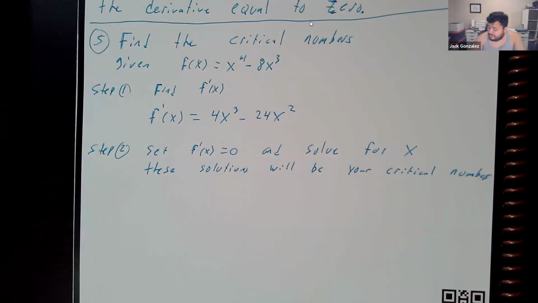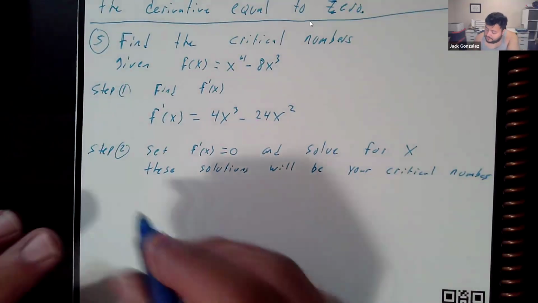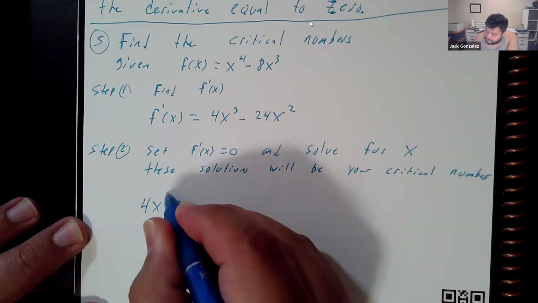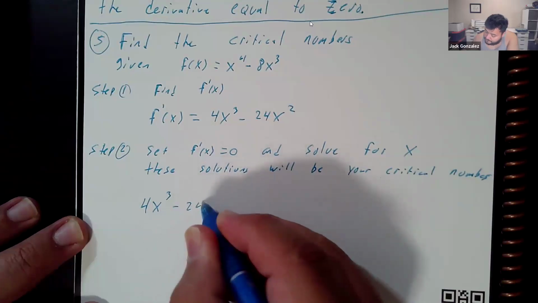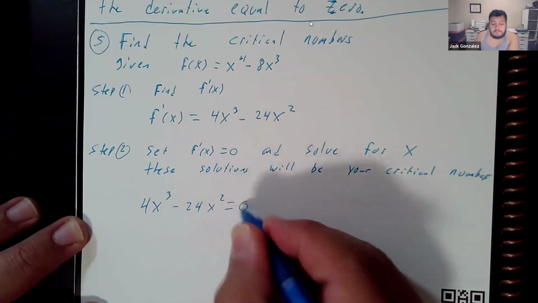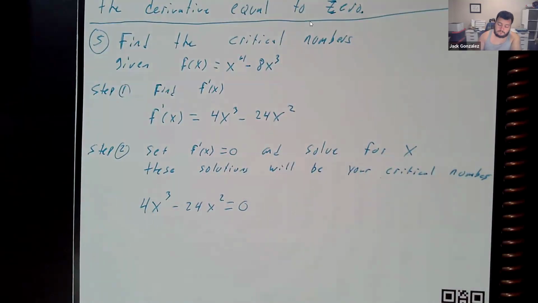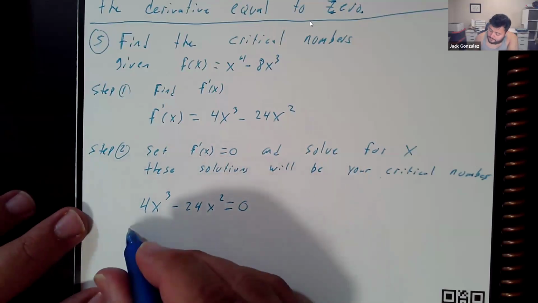All right, so set it to 0. Solve for x, here we go. Factor 4, is 4 one in both? Right.